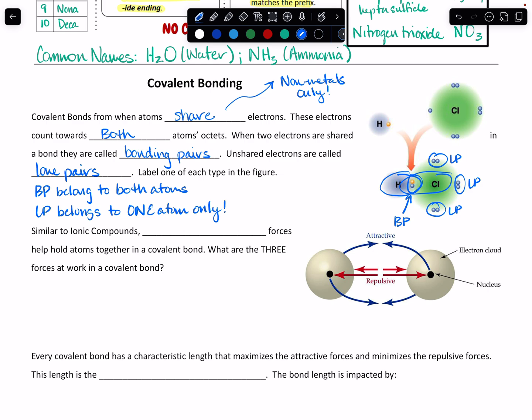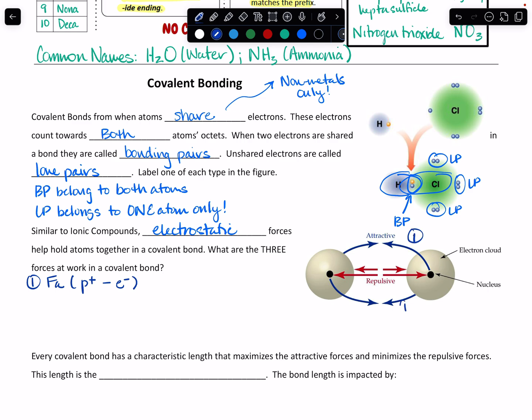Now similar to ionic compounds, electrostatic forces help hold atoms together when that covalent bond forms. There are again 3 forces at work when we talk about that covalent bond. The first one is an attractive force that forms between the protons of one atom and the electrons of the other.